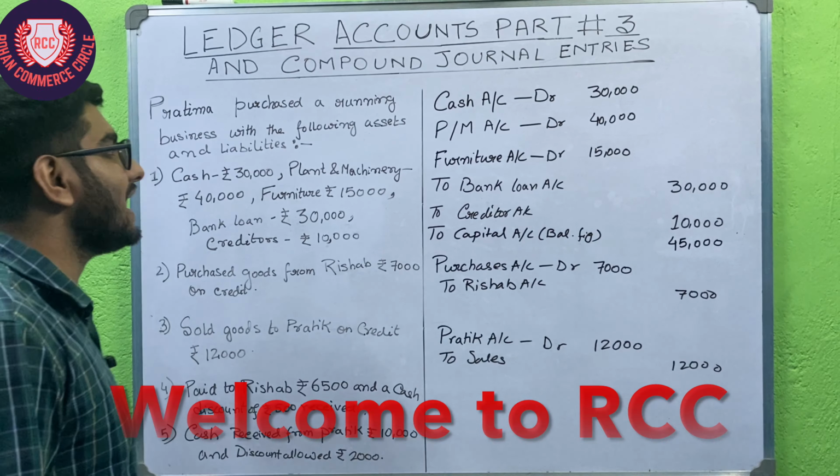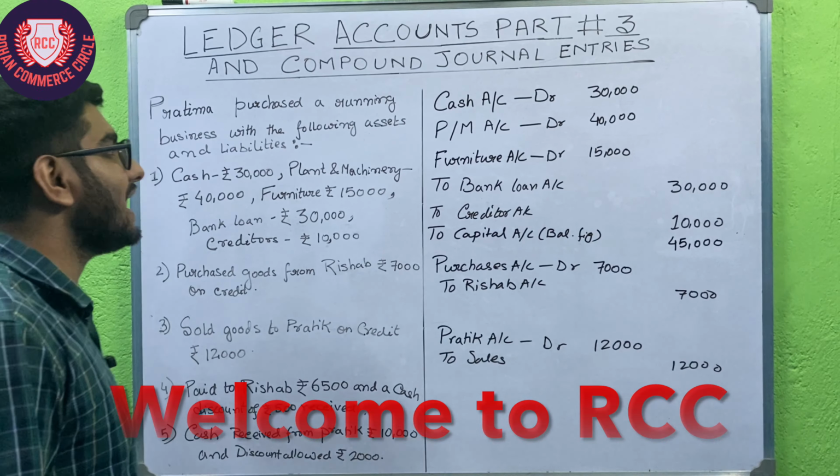Next, the last one is cash account debit, discount allowed account debit to Pratik account. So in Pratik account, where is Pratik? Over here. In Pratik account we have to write by cash, 10,000, and by discount allowed 2,000.